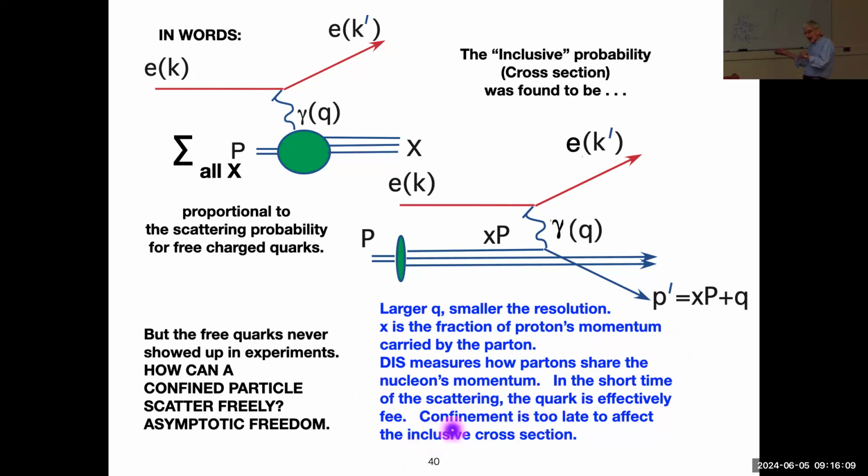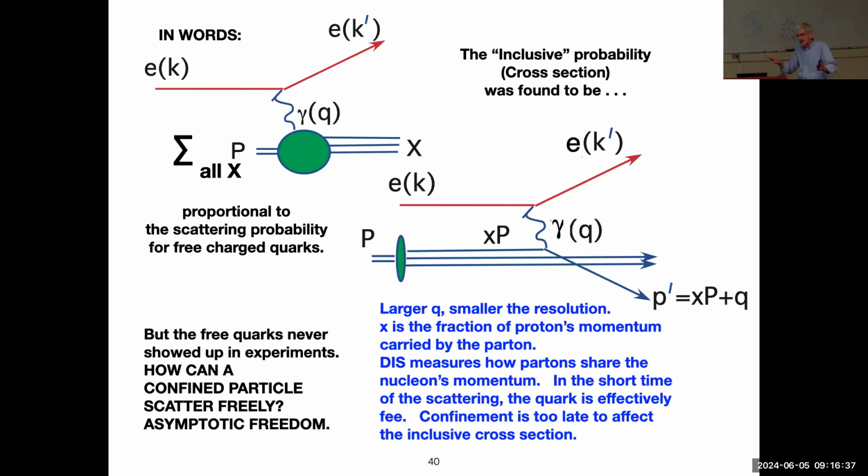Confinement happens when the quark goes further away, the coupling starts to get large, the quark realizes there's a vacuum, it has to talk to the vacuum, it has to be confined eventually, but all that is too late to affect the, now, okay, the word affect, what do we mean here? To interfere quantum mechanically, the hard scattering at short distances.